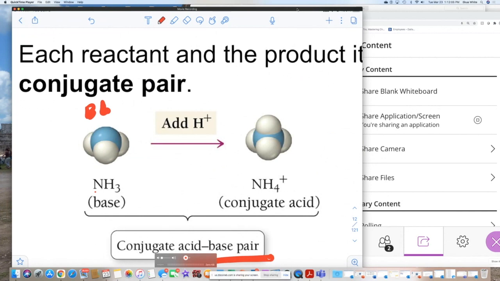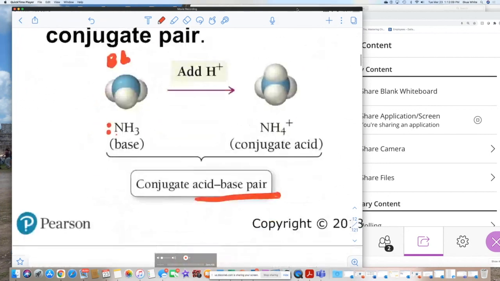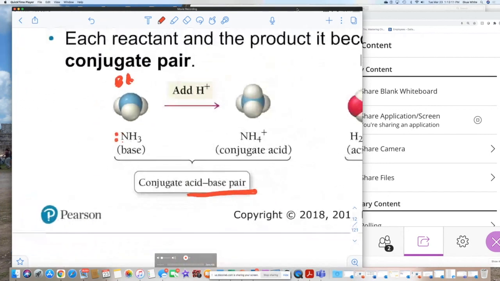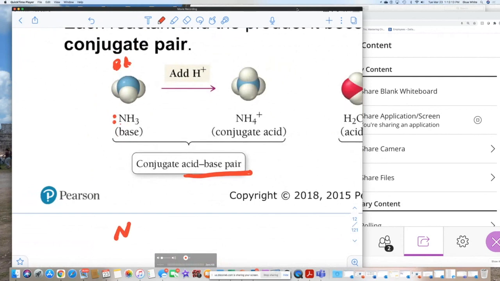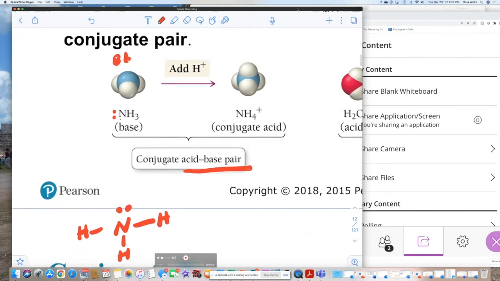You can't see it here, but technically there's a lone pair on the nitrogen. If you drew the Lewis structure, NH3 will look like this: N, H, H, H, and then a lone pair. That lone pair qualifies NH3 to be a base.